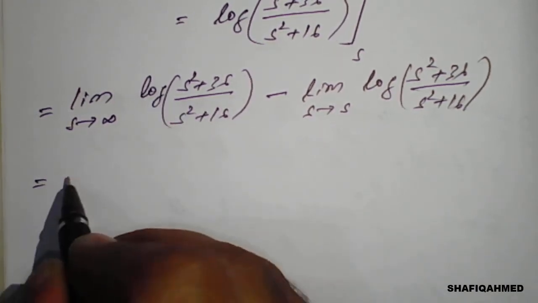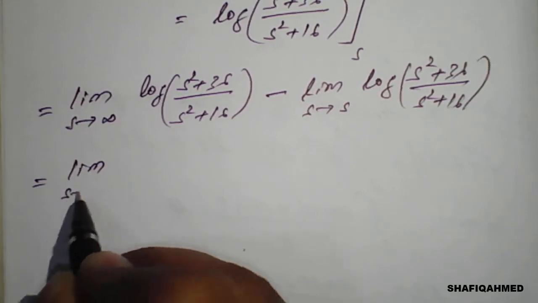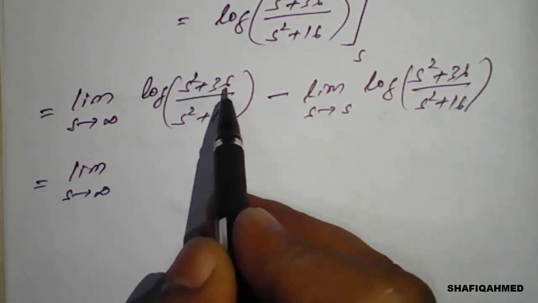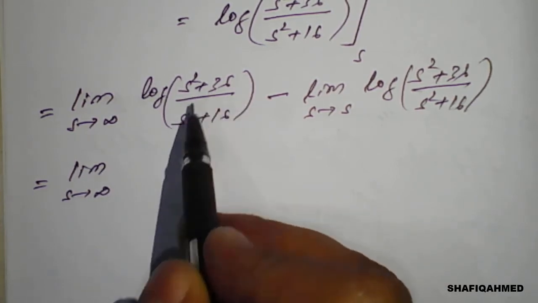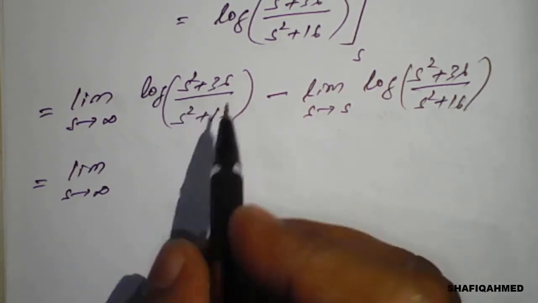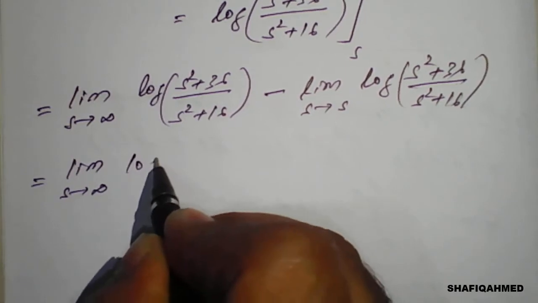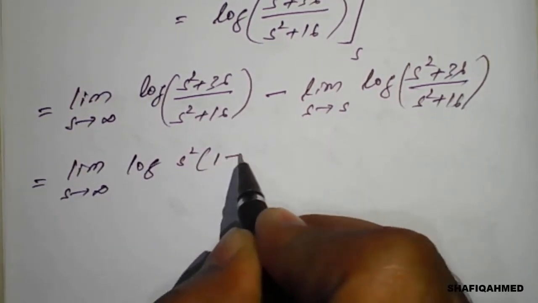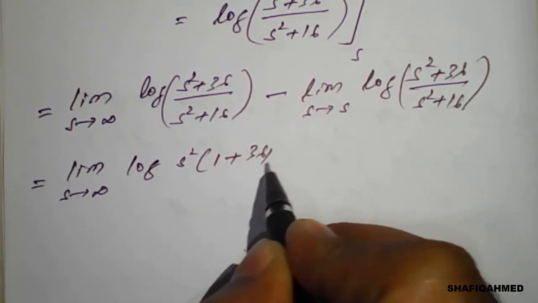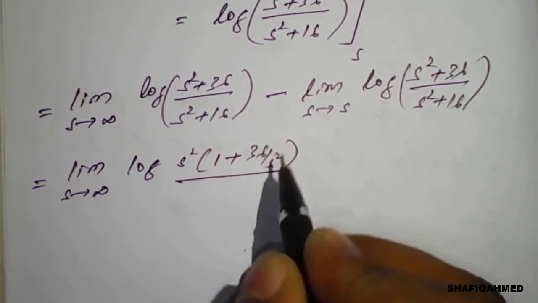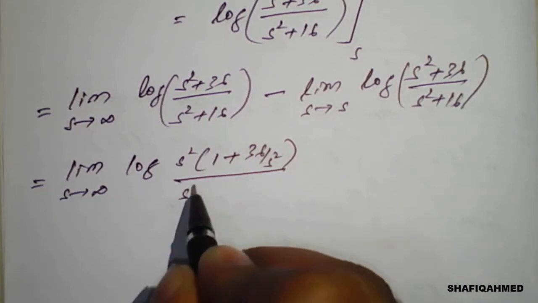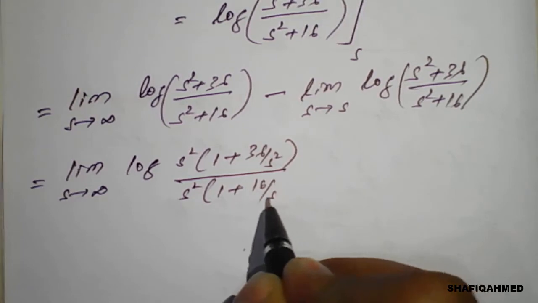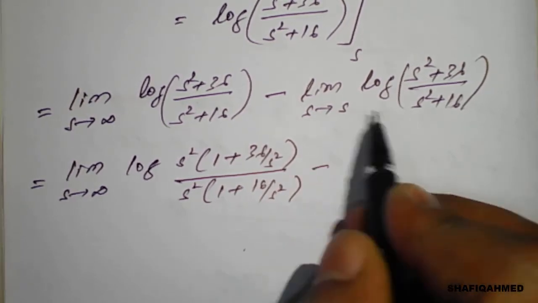Before applying, it will be limit s tends to infinity. Because it will be infinity square plus 36, this is not in a proper form. So we keep log as it is, and from the numerator take s square common, so it will be 1 plus 36 divided by s square, divided by, and in the denominator also we take s square common, 1 plus 16 upon s square, minus the lower limit.